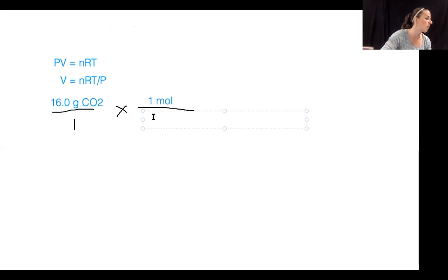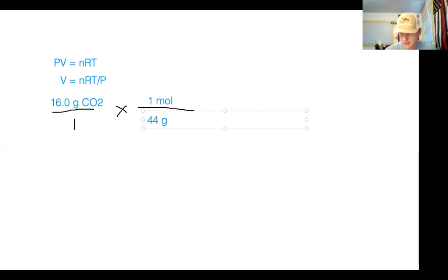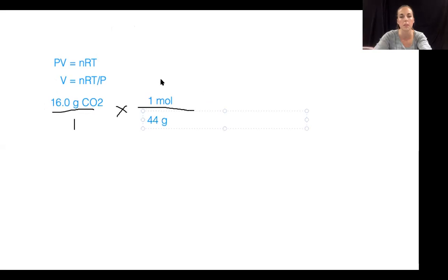I have 12 for carbon, and I have 16 times 2 for oxygen, so 32 plus 12, 44. So 44 grams in 1 mole. So in your calculator, it's going to end up being 16 divided by 44. And that's going to give you 0.36 moles.